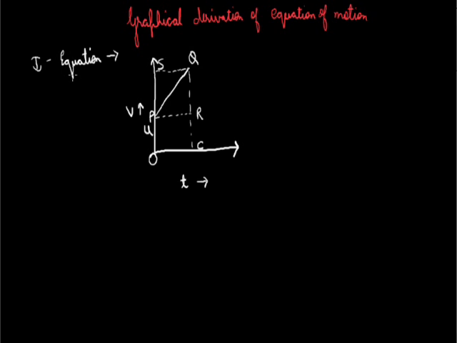As we know that the slope of the velocity-time graph gives us the acceleration, in this graph we will evaluate the slope of this VT graph.